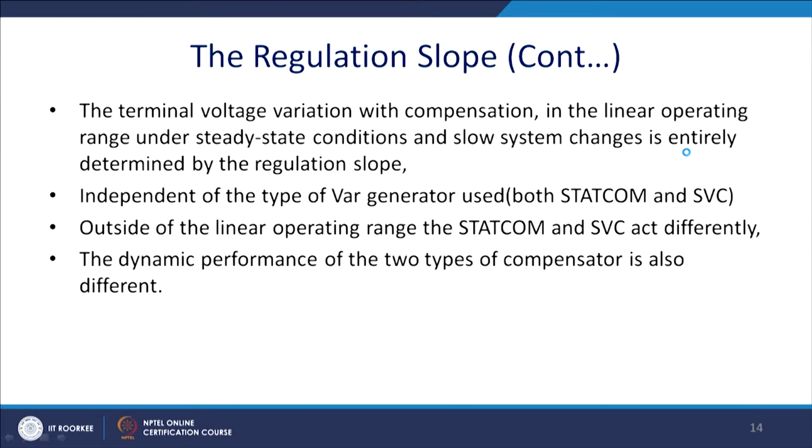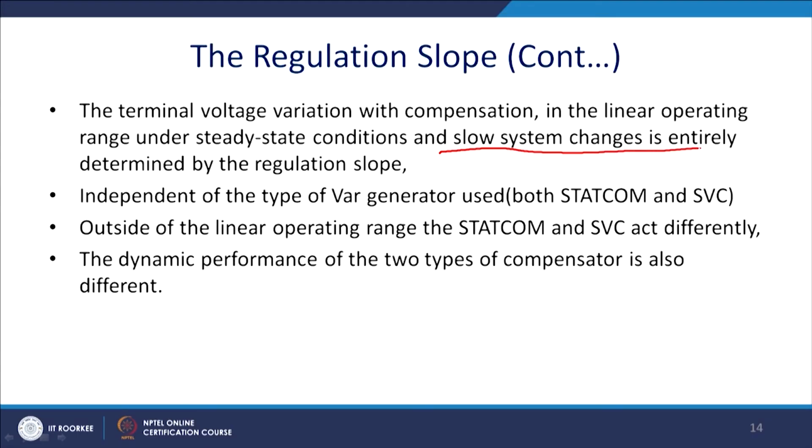Now, the terminal voltage variation with the compensation in the linear operating range under steady state condition and slow system change is entirely determined by the regulation loop, that is called droop control, independent of the type of the Var generator used, both it can be SVC or STATCOM.